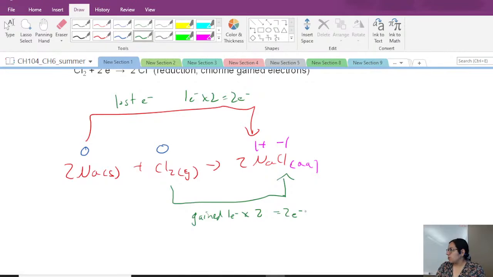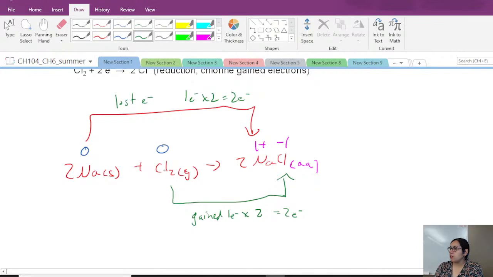So does that make sense for that first example? Do we need to put 2 on the electrons because there's 2 of them? Oh, never mind. 2 because the coefficient is 2?